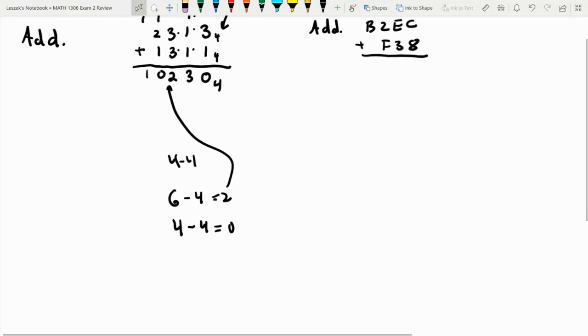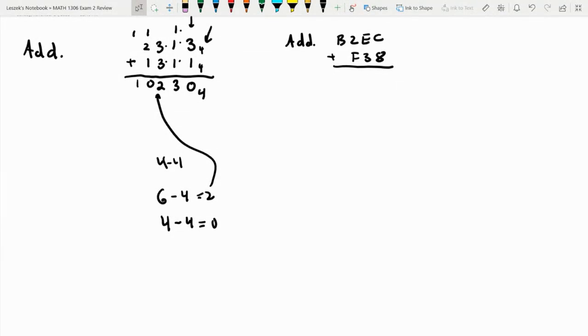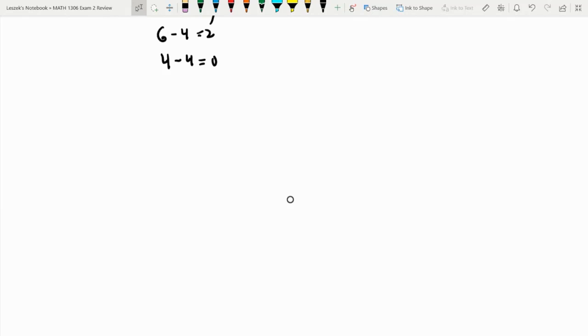Do you want to try another one that's a different base? We can talk about hexadecimal in a second, but I can give you some time. Okay, so try adding these two numbers in base 5.